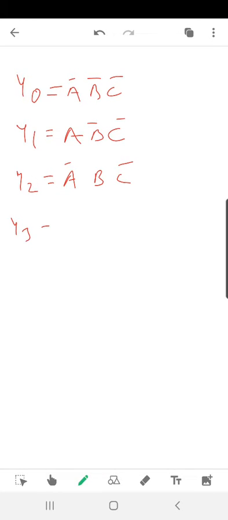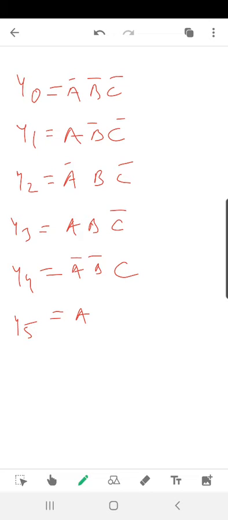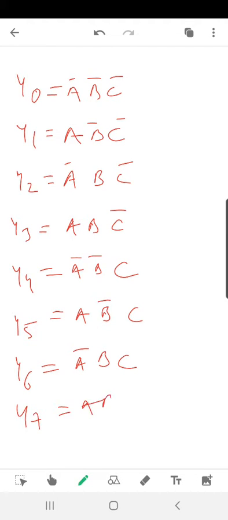Similarly y3 will become a, b, and c complement. Then y4 will become a complement, b complement, and then c. y5 will become a, b complement, c. y6 will become a complement, b, c, and y7 will become a, b, c.